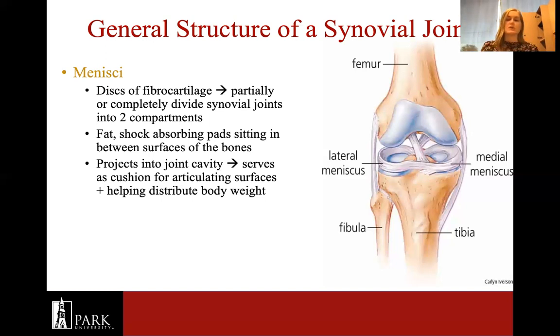These menisci project up into that synovial cavity, and like I said, they serve as a cushion for those two articulating bones. They also help distribute your body weight, so that it's not just one region of your bone taking on all the weight and the stressors of that weight.